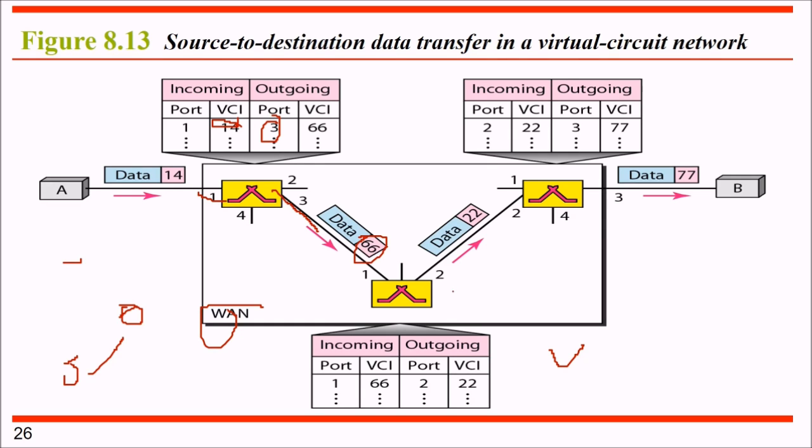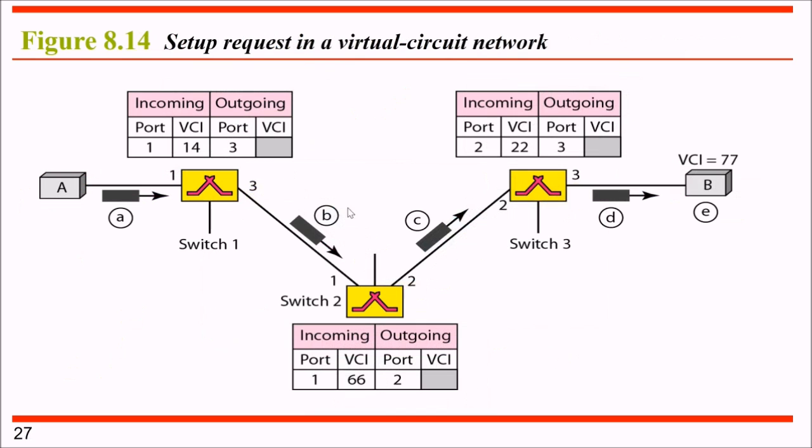When it reaches this switch, the input is 66, but when it goes out, it is assigned the outgoing VCI, say 22. And when it reaches here, this 22 will be reassigned the VCI of 77. So it will reach B. Ultimately A reaches B through this path, employing the source to destination data transfer using these virtual circuit networks.